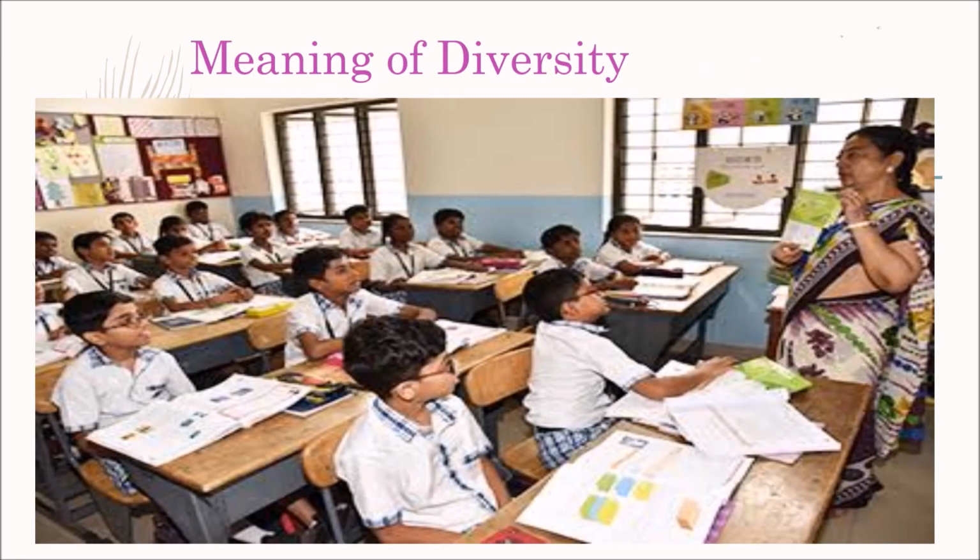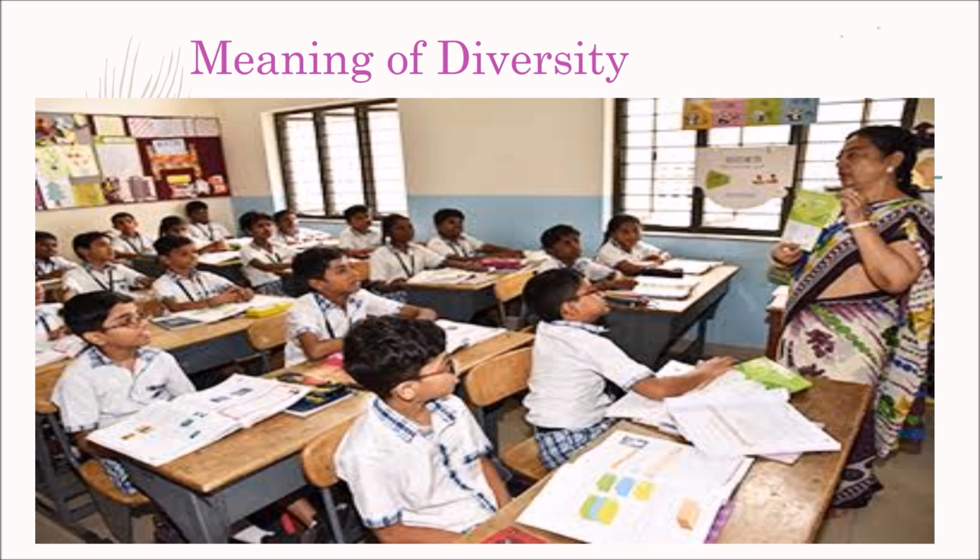Now we are going to see the first topic, that is meaning of diversity. Now just look at this picture. Here you would find that everyone is wearing the same uniform, right? Yet everyone is different.